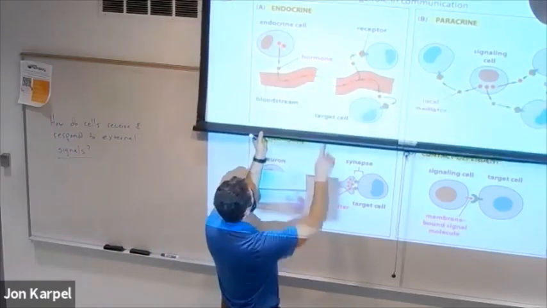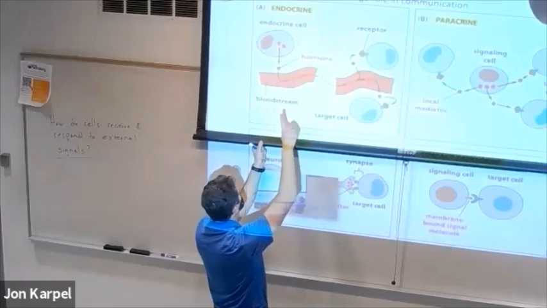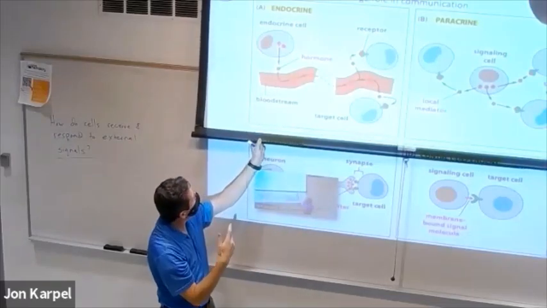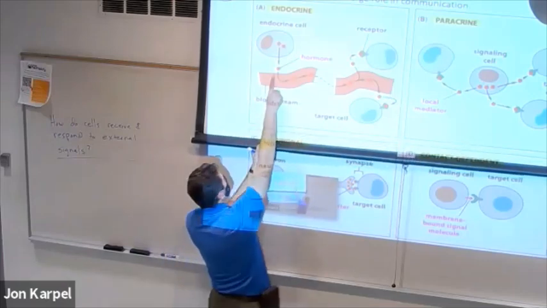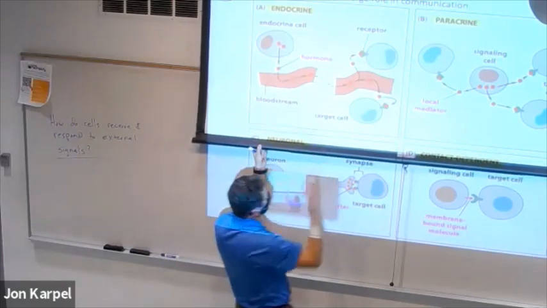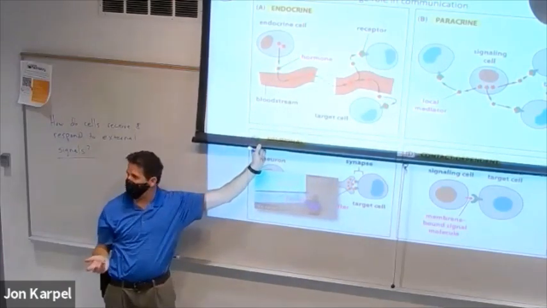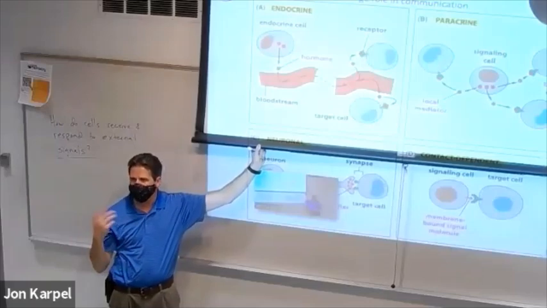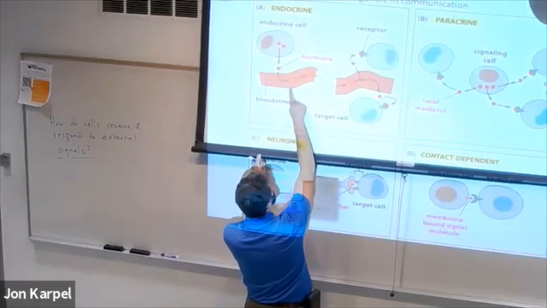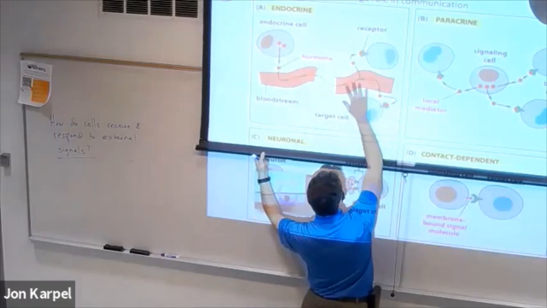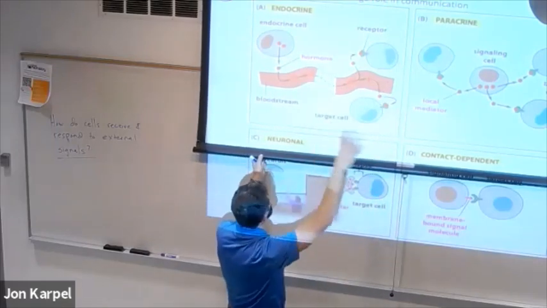Here, what you can see in this picture is an endocrine cell, or any kind of hormone-secreting cell. It's going to release those hormones, which are typically small molecules. So, I don't know, insulin, adrenaline, these are small molecules that can float around the body. And then those signals travel in the bloodstream.